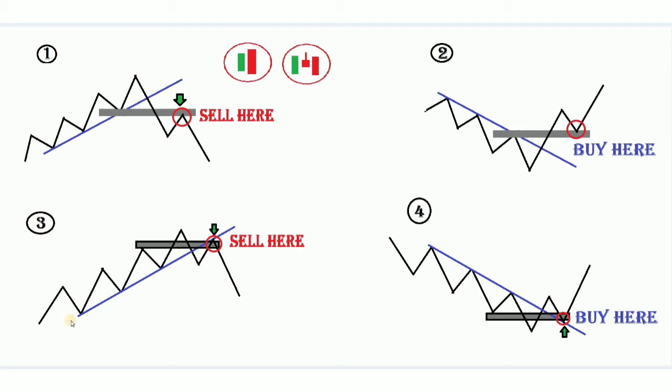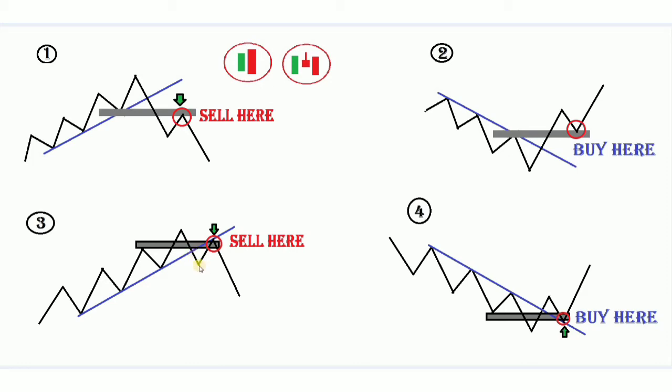Now this is another example. Sometimes price doesn't turn at the support level. Sometimes price comes all the way back up to test the trend line itself before dropping. Like this example we have here. We are forming higher highs, higher lows, higher highs, higher lows, higher highs, higher lows. Then here something really happened.